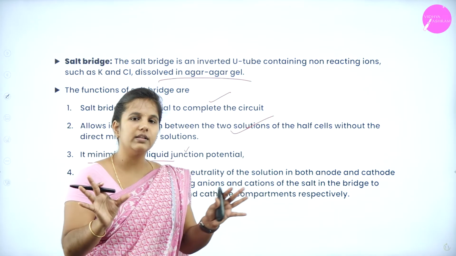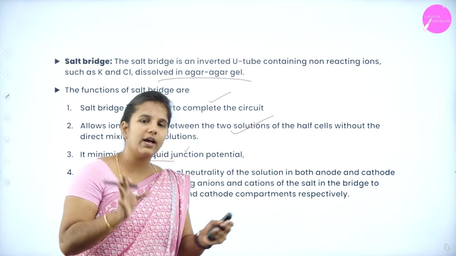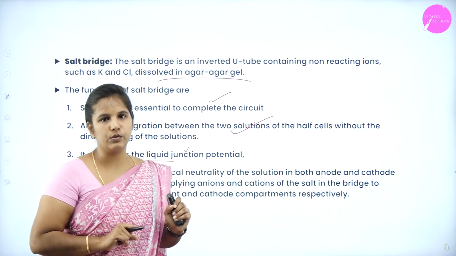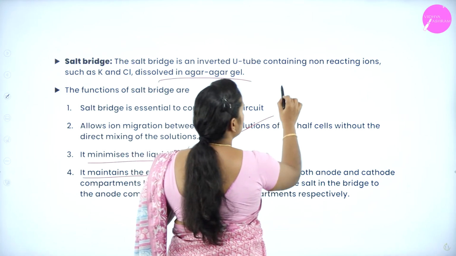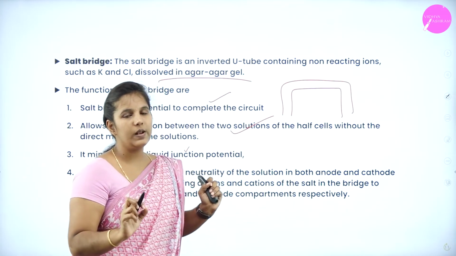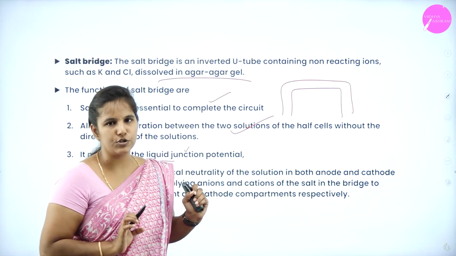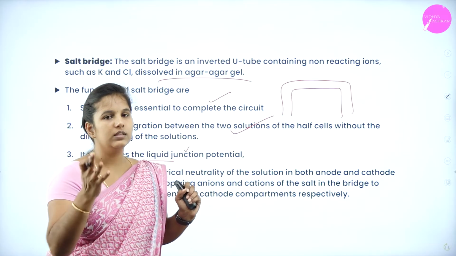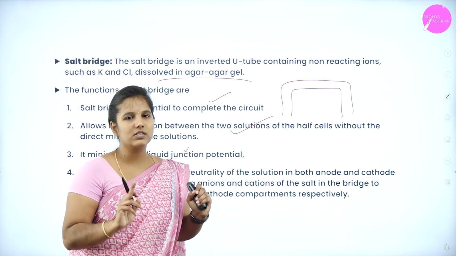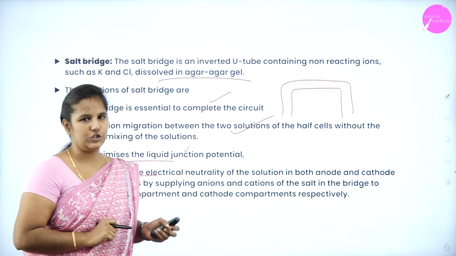So in order to maintain this electrical neutrality at the anode as well as the cathode, the salt bridge is very useful. Remember, it is always an inverted U-shaped structure placed in between the two solutions. Without this, the migration of ions will not take place. Hope you all understood the salt bridge and its function.